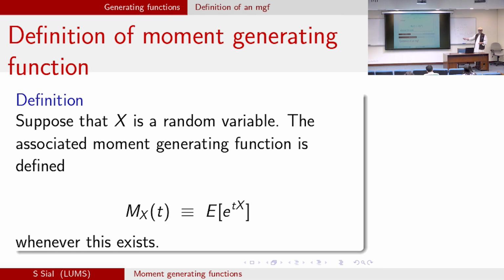That function of t, I write as m sub x of t, and that is the moment generating function of x. Okay? So far that's just formalism, but we'll see in a bit how I can then use the moment generating function to find the moments of x. But for now, let's say this is just a definition.